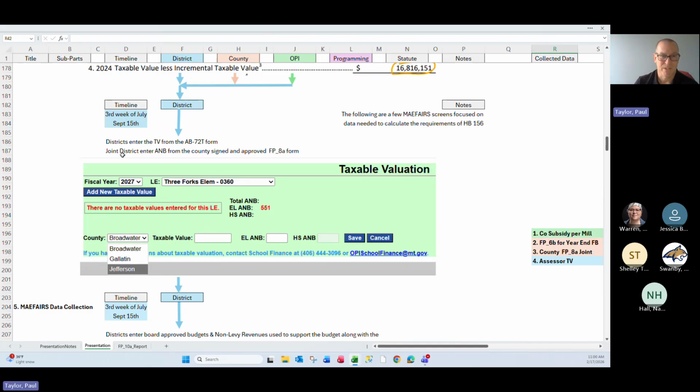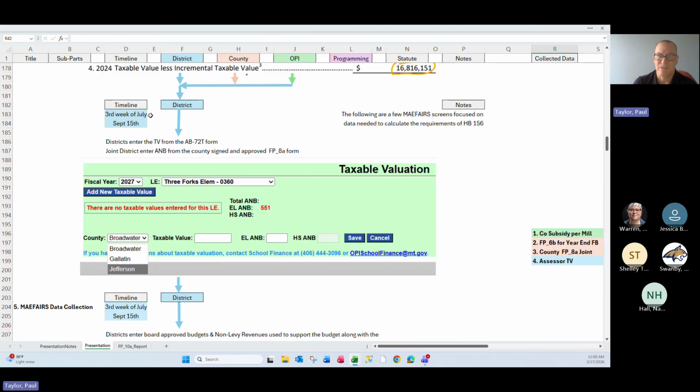Let's see, what else did I miss here? Joints. I think we covered everything there. The timeline for this is anywhere between the 3rd week of July. The reason I mentioned the 3rd week of July is we've had a long-standing tradition and there's some logic behind it.